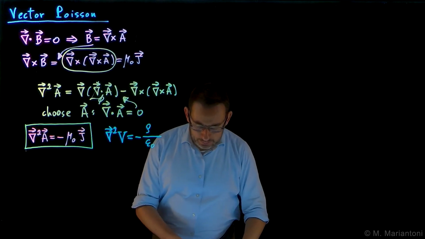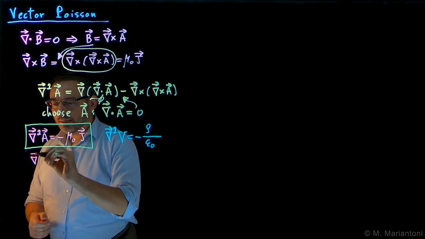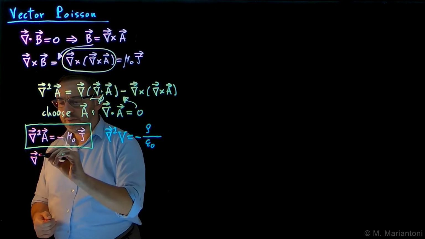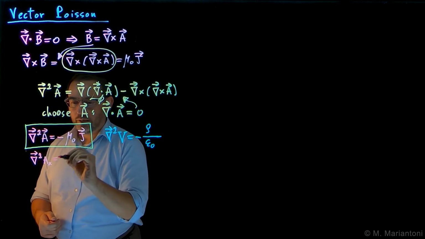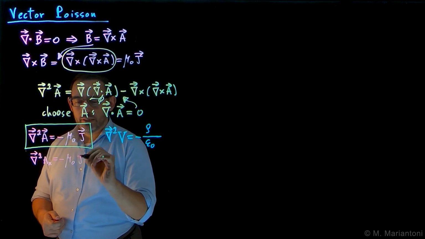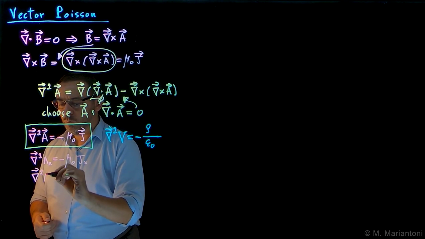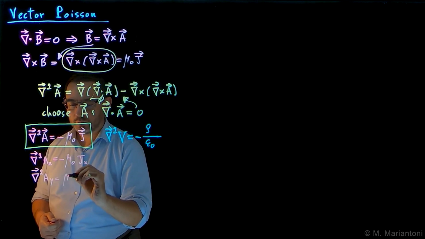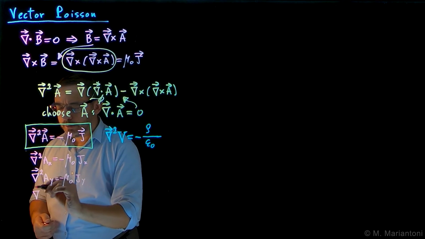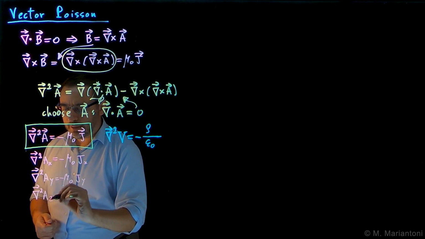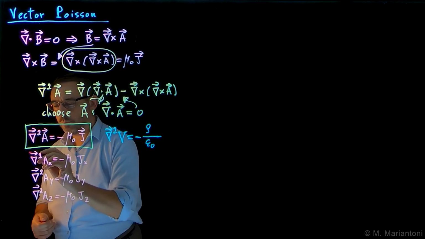In fact, since this is a vector, we can rewrite it as the three components in a Cartesian coordinate system: the scalar Laplacian of the x component equals minus mu naught times the x component of J, the scalar Laplacian of the y component equals minus mu naught jy, and finally the scalar Laplacian of az equals minus mu naught jz.